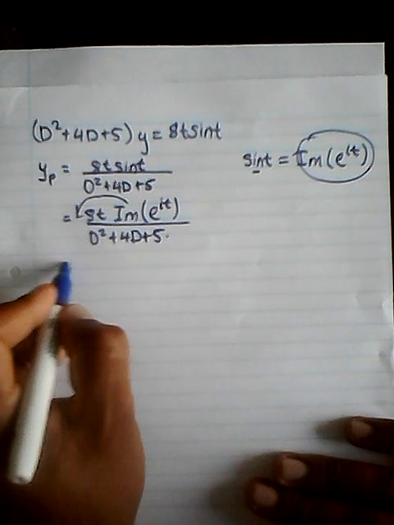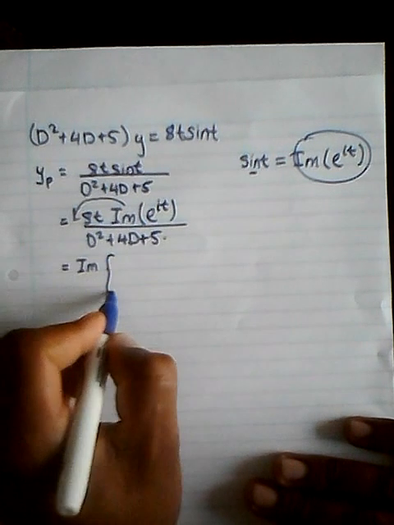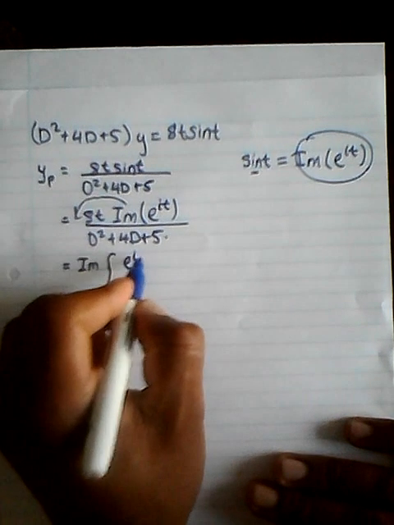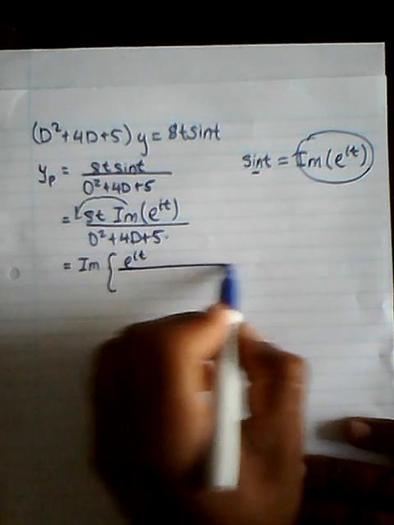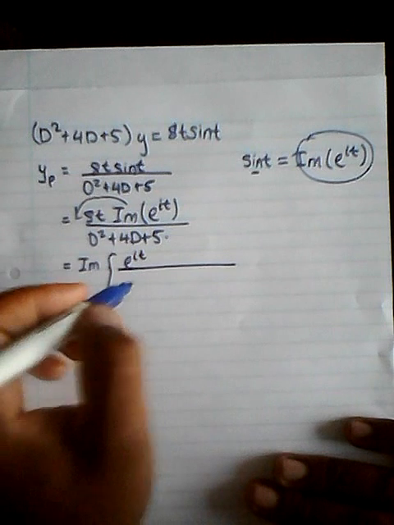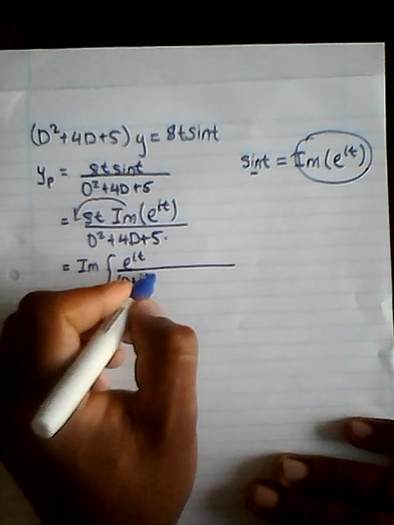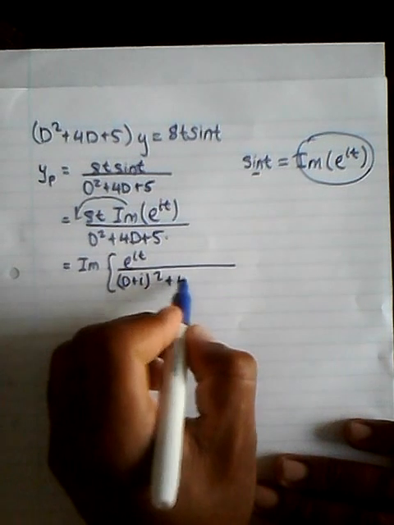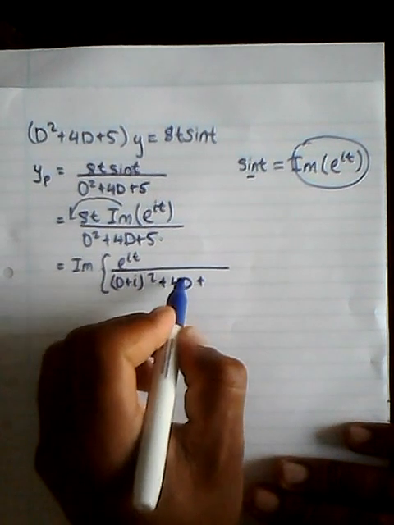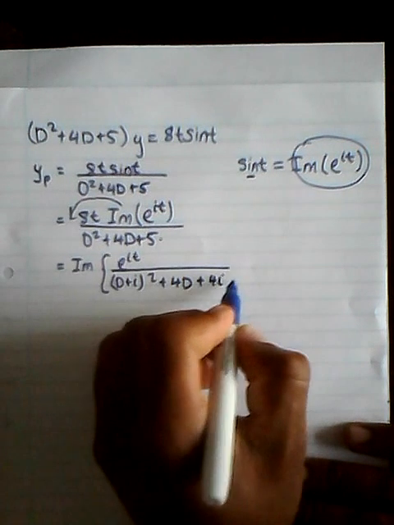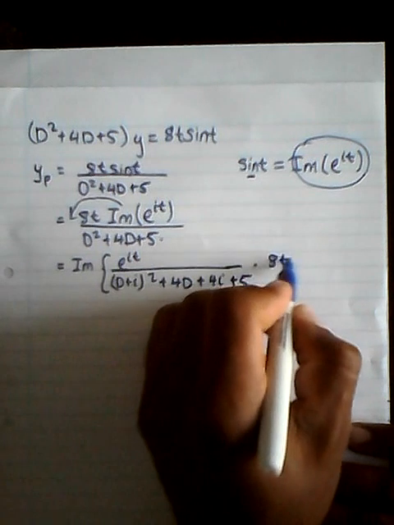So we have the imaginary part of e to the power of it divided by, where there is D, we substitute D plus I. So we have D plus I all squared plus 4D plus 4I plus 5, and that is multiplied by 8t.